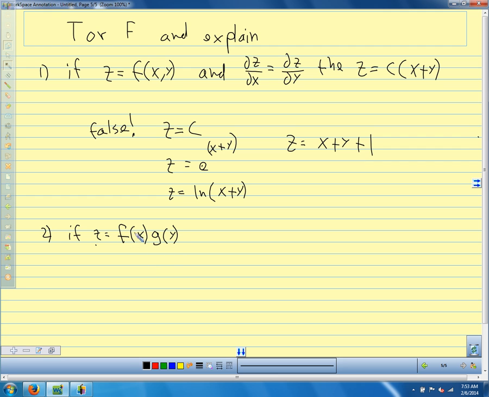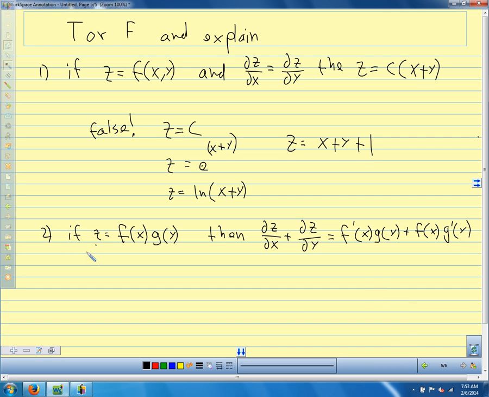So f is a single variable function, g is a single variable function. Then dz/dx plus dz/dy equals f prime of x times g of y plus f of x times g prime of y.